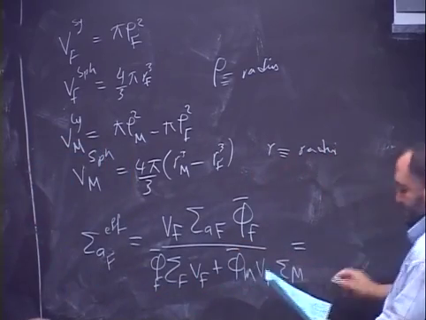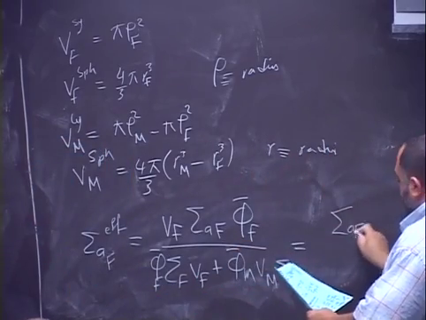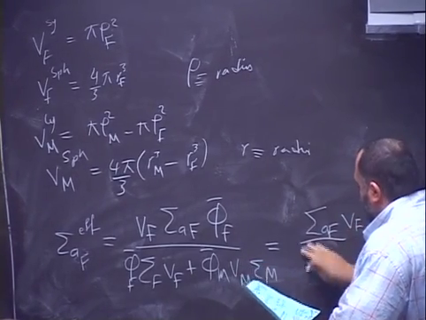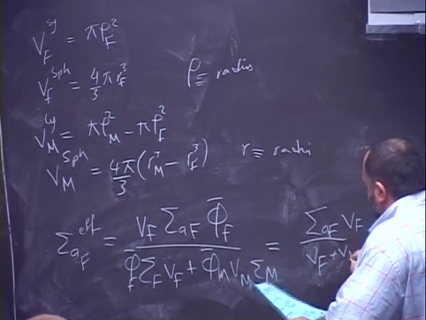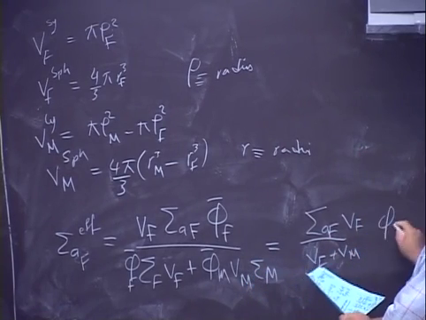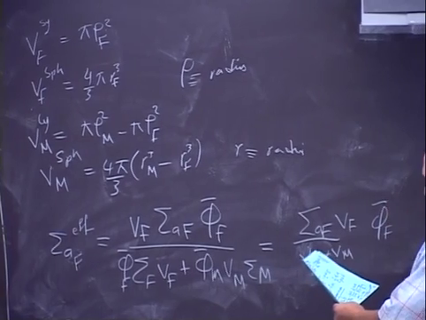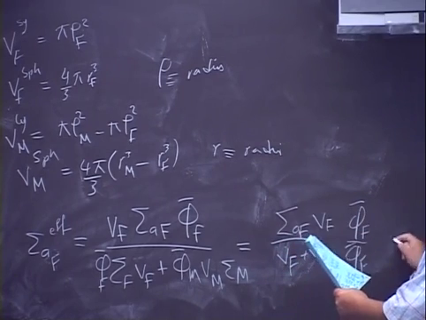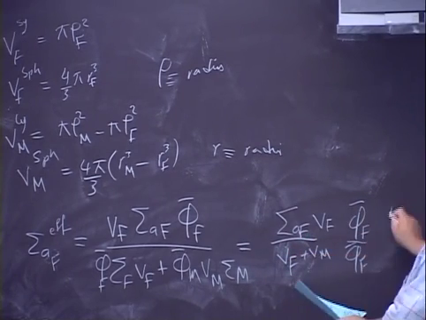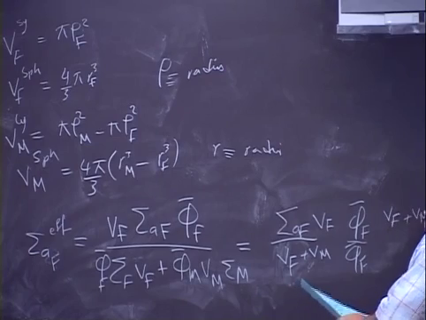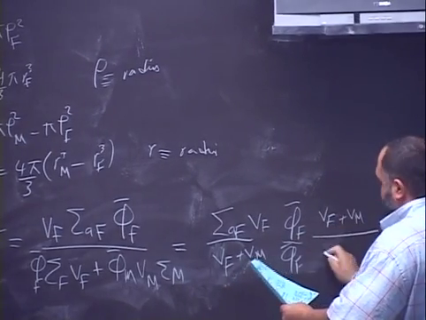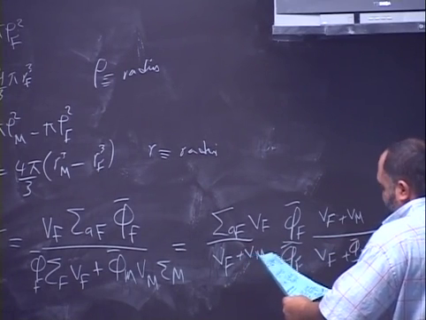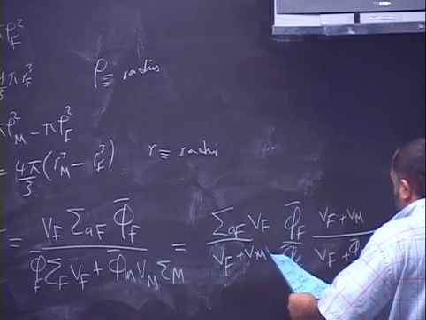When you do this, you take sigma absorption in the fuel multiplied by V fuel divided by V fuel plus V moderator. You take phi fuel as a common factor from upstairs and downstairs. And we multiply by V fuel plus V moderator, up and down, and divide by V fuel plus phi moderator over phi fuel times V moderator.